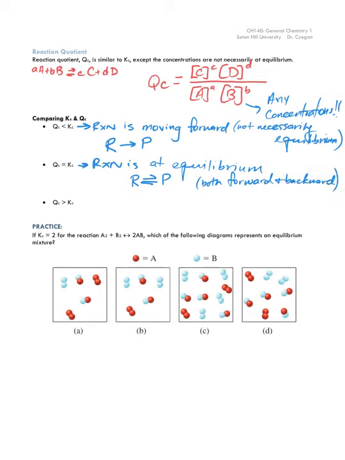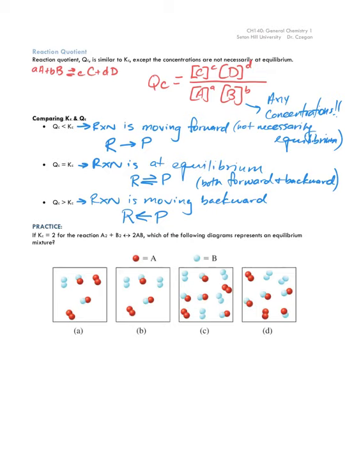If Qc is greater than Kc, that means that the reaction is moving backwards. So product is reacting backwards to form reactant. So if it's not at equilibrium, then we can use this relationship.